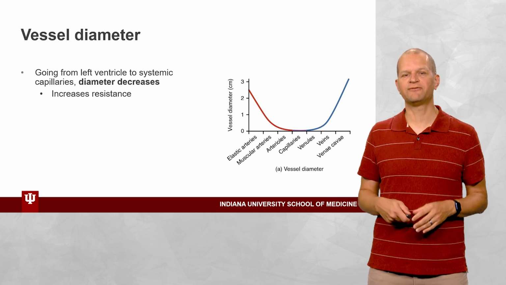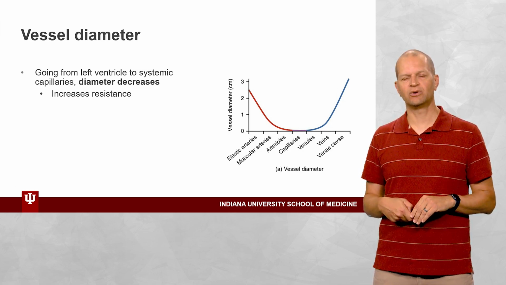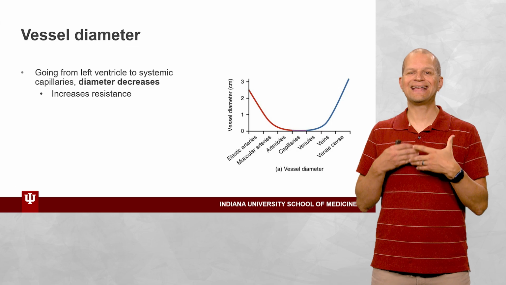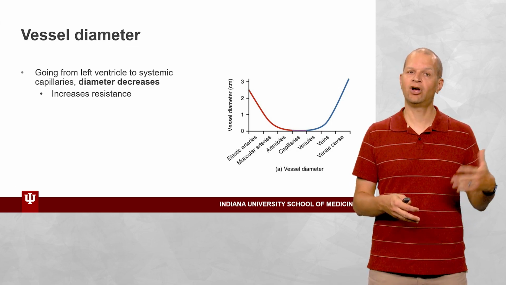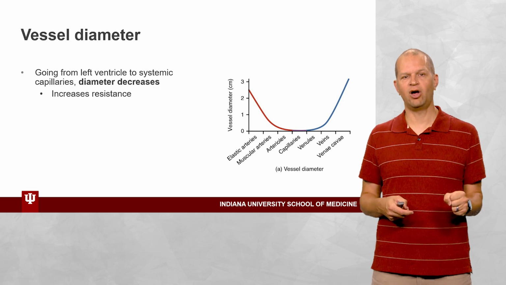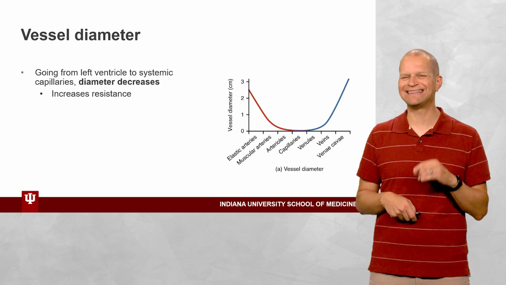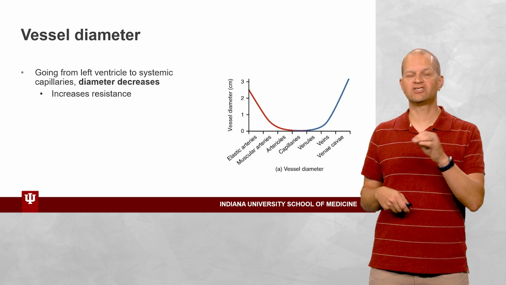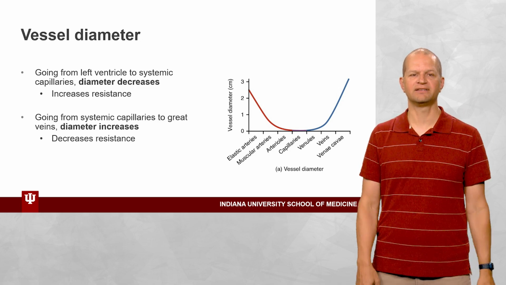As you can see from this figure, diameter decreases going from arteries to capillaries. Because diameter decreases, the radius decreases, and if you recall from the previous video, small radius, large resistance. So if we're just looking at this one factor, resistance will increase as we go from arteries to capillaries.